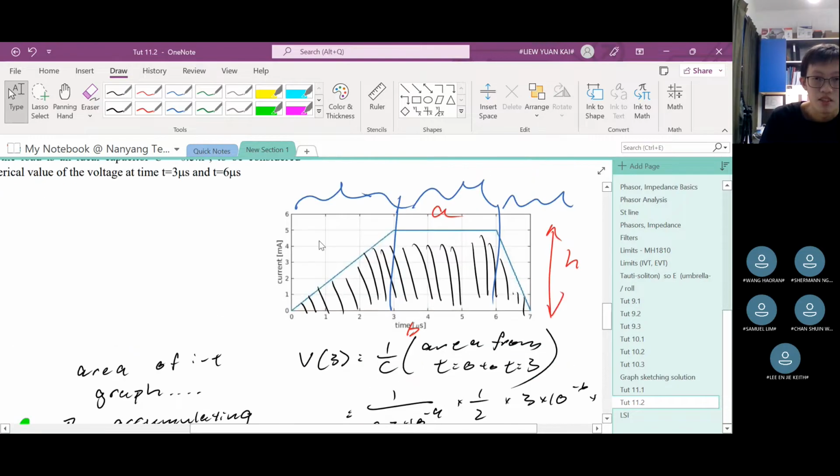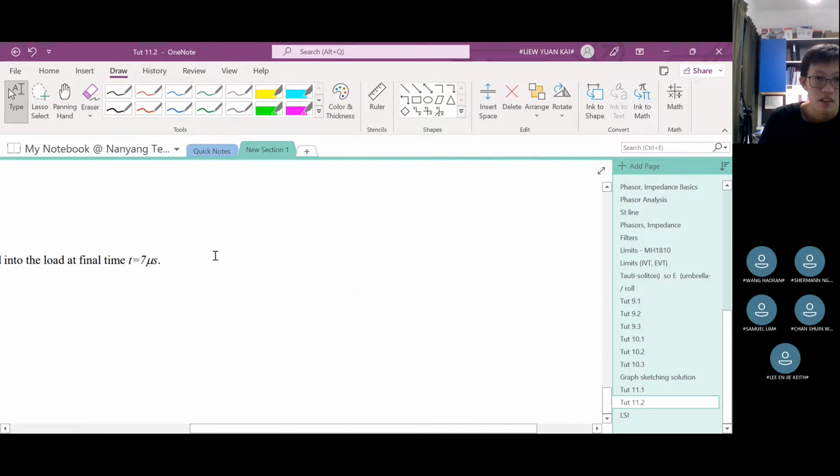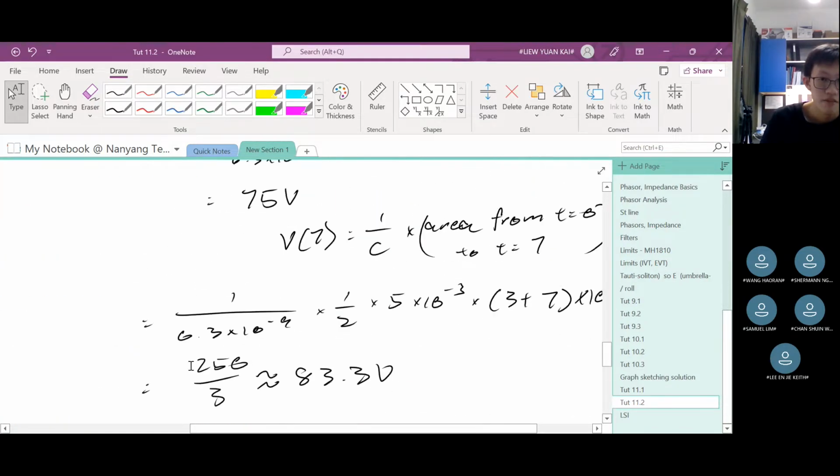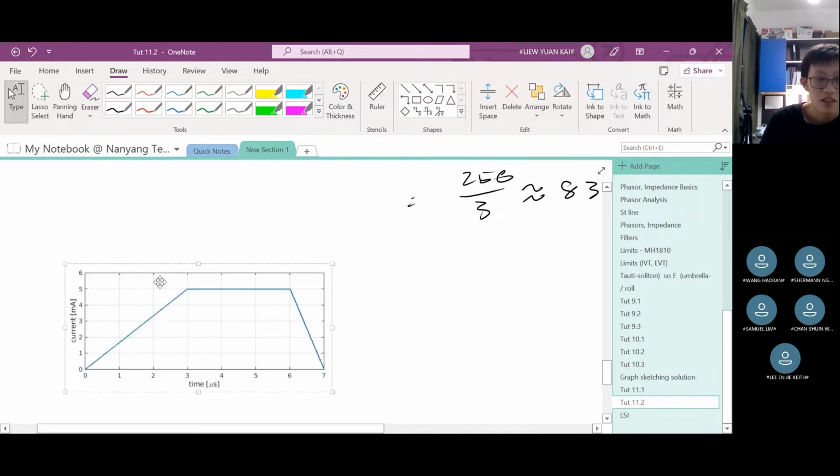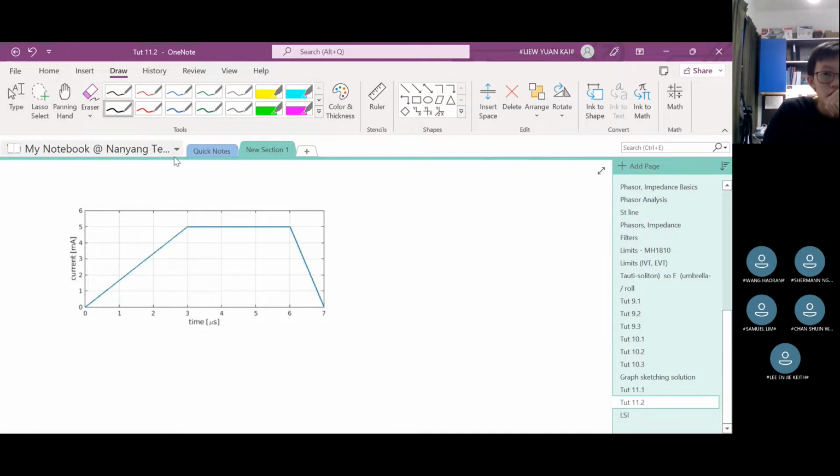Let me just copy this. To find the shape, we need to look at the nature of the IT graph. And remember this, we've already derived that V is equals to 1 over C integral of 0 to T of I dt.